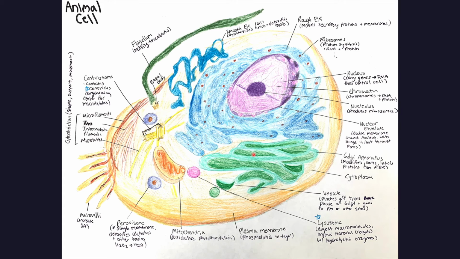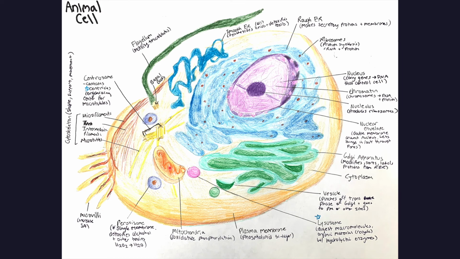The Golgi apparatus modifies, sorts, and labels proteins coming from the rough endoplasmic reticulum. A vesicle pinches off the Golgi and transports the protein to the plasma membrane or other areas of the cell. The lysosome, which is unique to the animal cell, digests macromolecules and breaks down waste material.